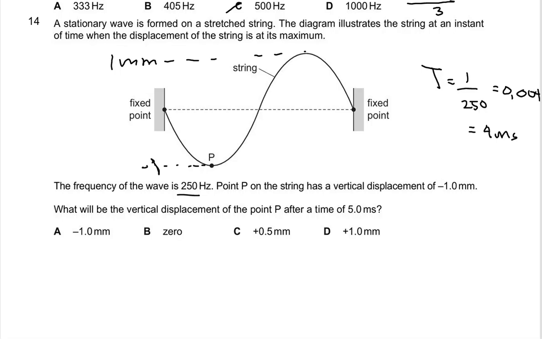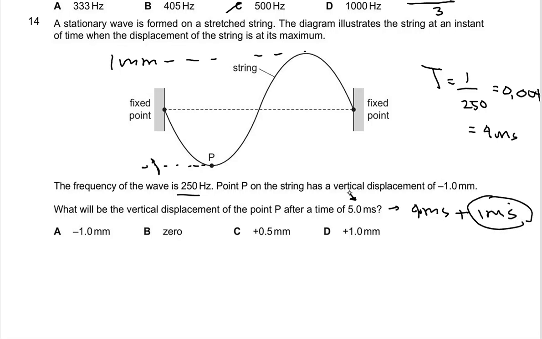So is this 5 millisecond a half period or a full period? Yeah, so 5 millisecond is 1 full period, 4 millisecond plus 1 millisecond. It's left with 1 millisecond.